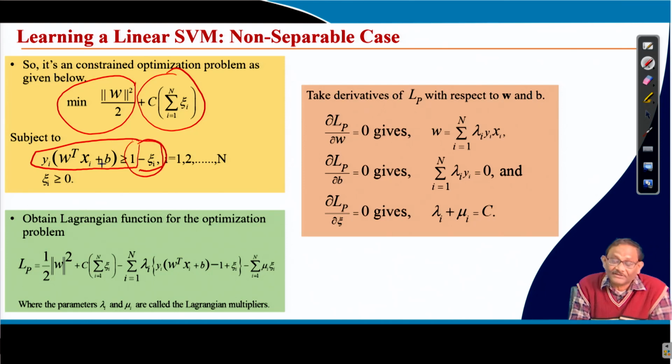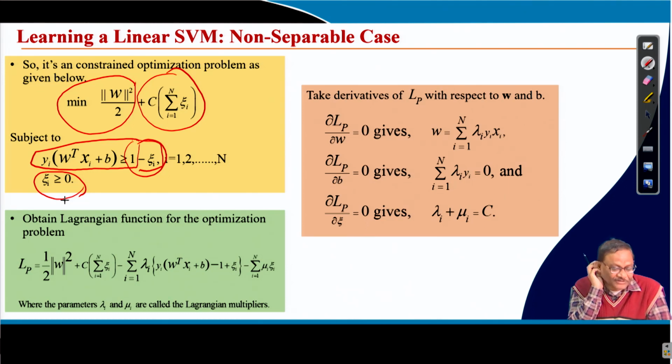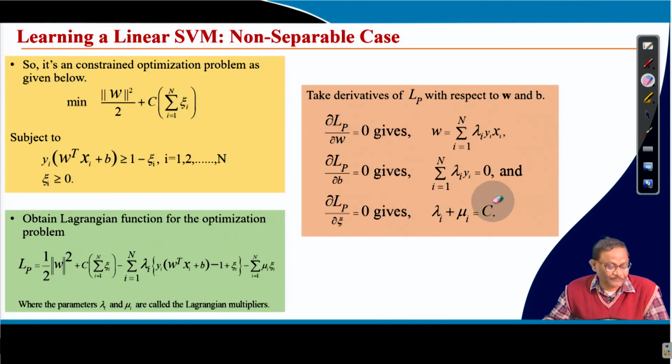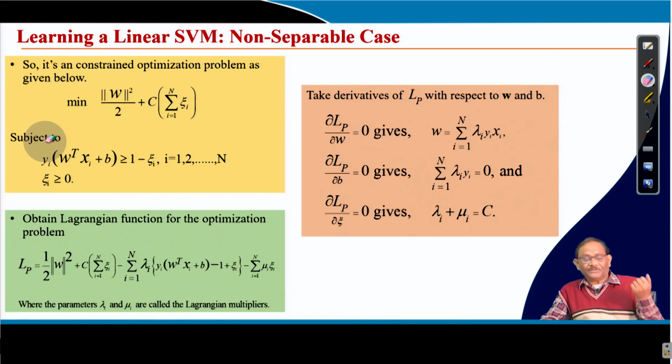In addition, another constraint for the slack variable, a non-negativity constraint, is also added there. So from one constraint to two constraints, with a modified equation. Your objective function also has one more term.